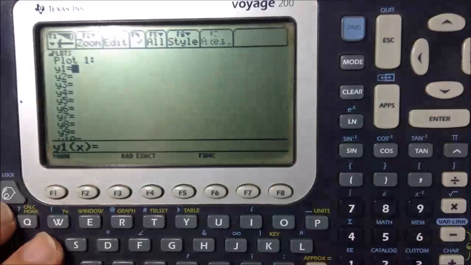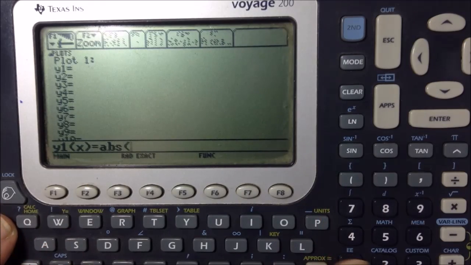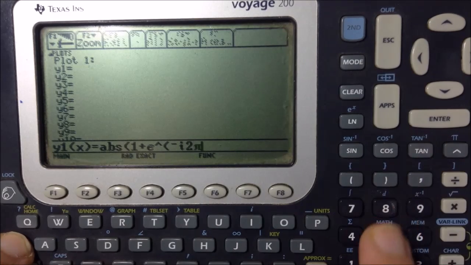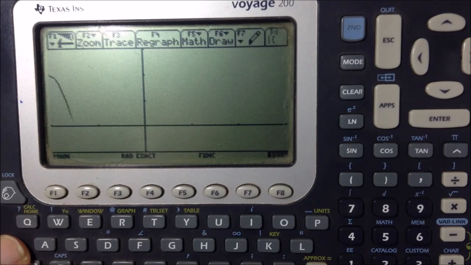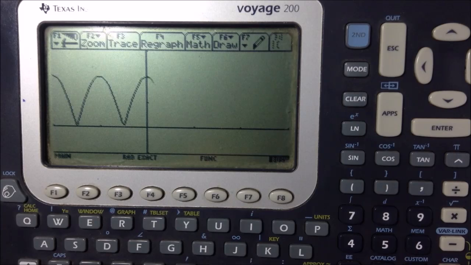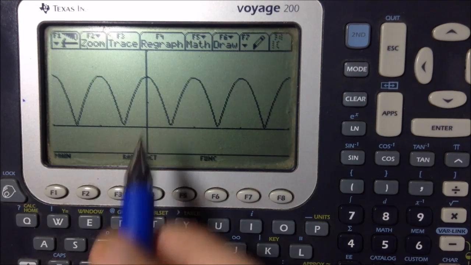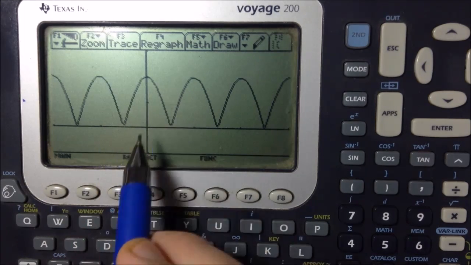I plot the absolute value of 1 plus e to the minus j 2 pi f. So this is the spectrum. It's obviously repeating itself, and we say that the original spectrum of the analog signal is just one cycle of it.